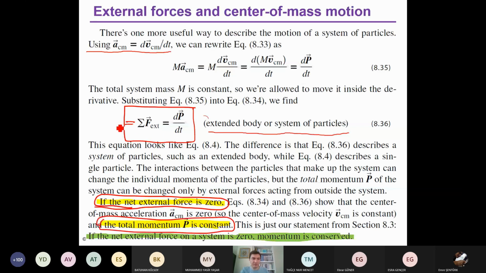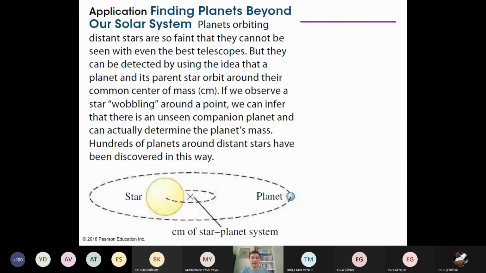If this is zero, then the derivative is zero. There is no change in the momentum. Momentum is constant, and then momentum is conserved if the net external force is zero. We have already discussed all these things, but just to remind you.